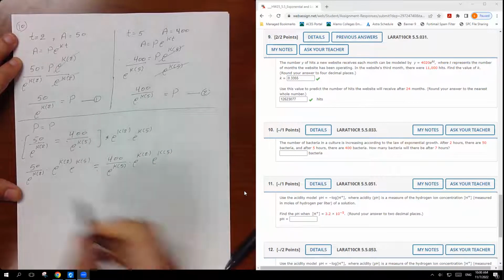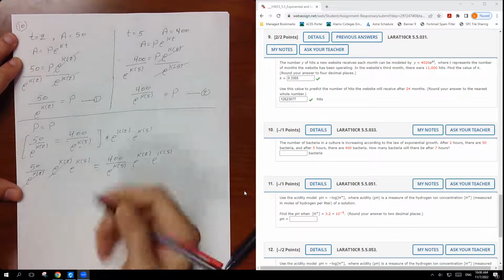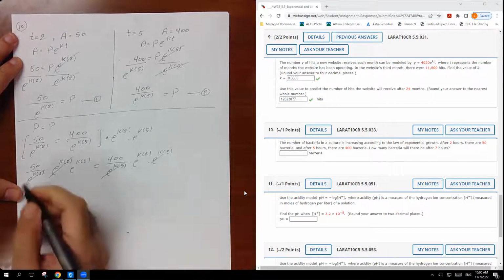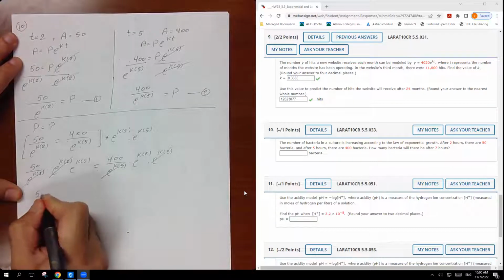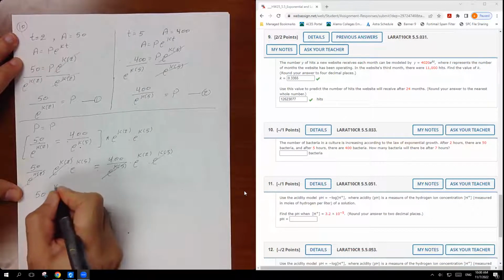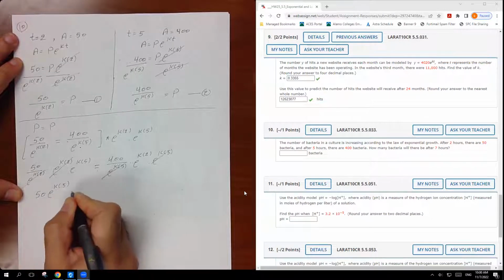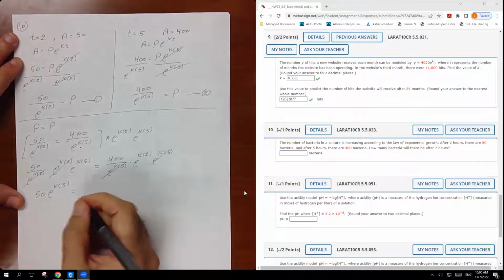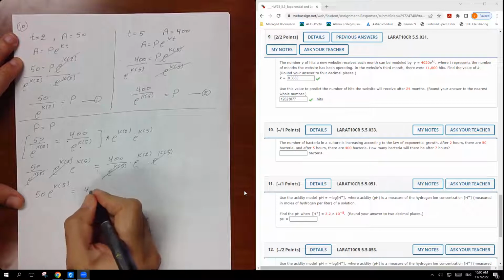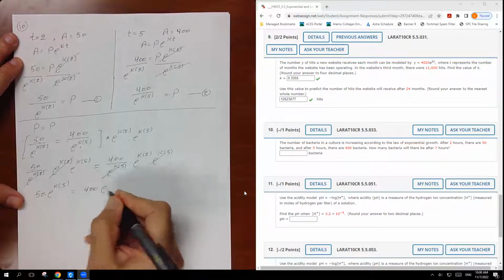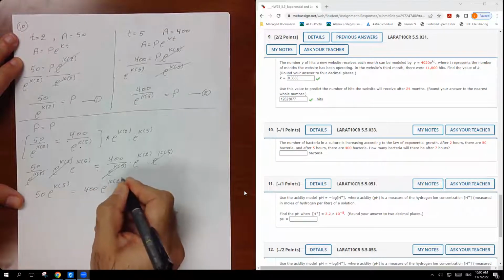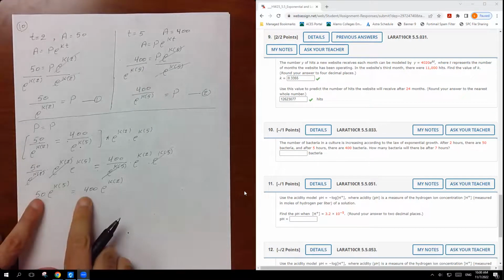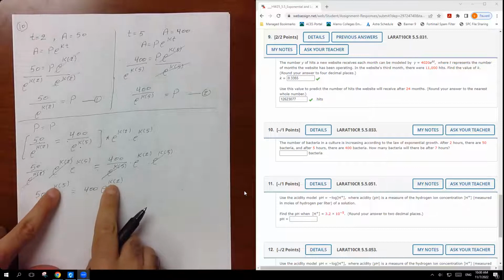Now here, you're going to cancel these, and you're going to cancel here. So the left from this side is going to be 50 e^(k·5) equals 400 e^(k·2). Let's check the next step. My goal is to find the value of k.